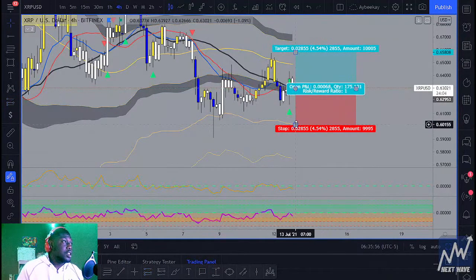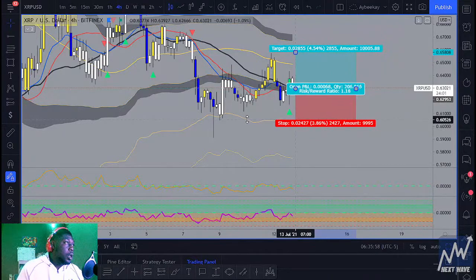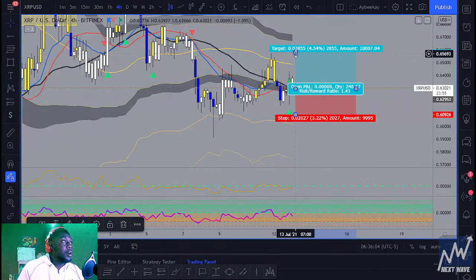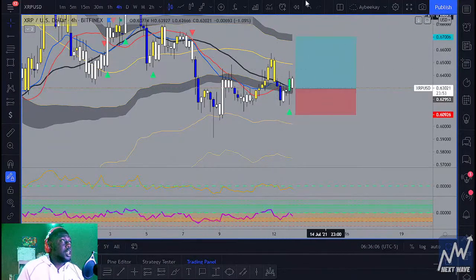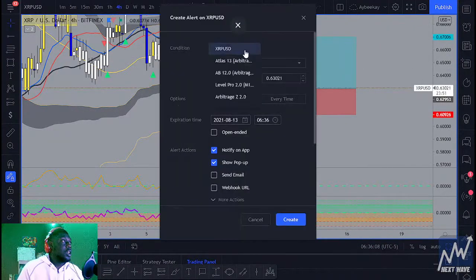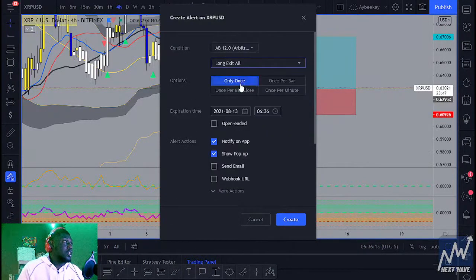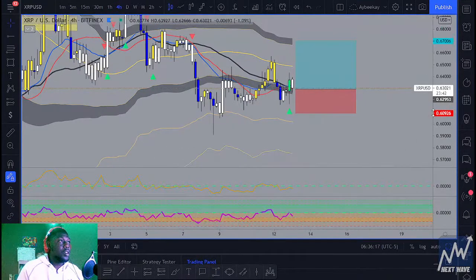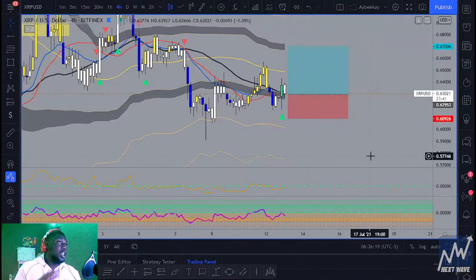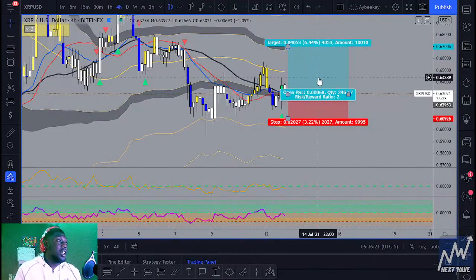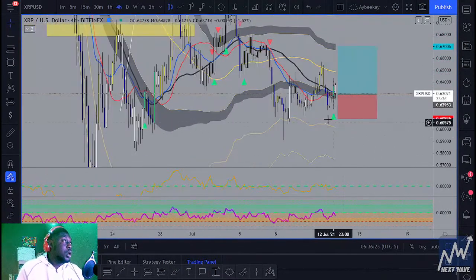It's not the greatest looking, but I'd probably put my stop loss around here, and then push to the upside, so that if it calls for a sell, which is a long exit, I'm not even gonna wait for a whole candle close. Then I'll get out. But this is not a bad trade idea for Ripple.